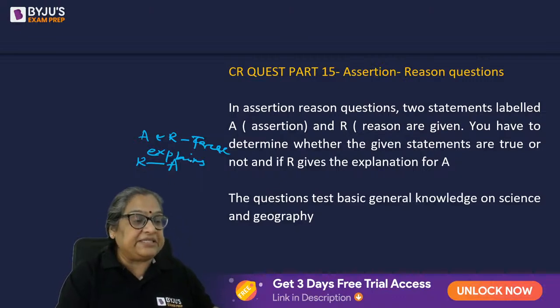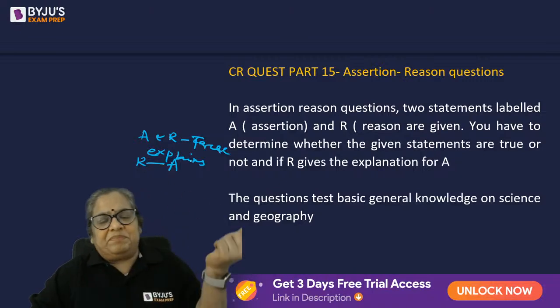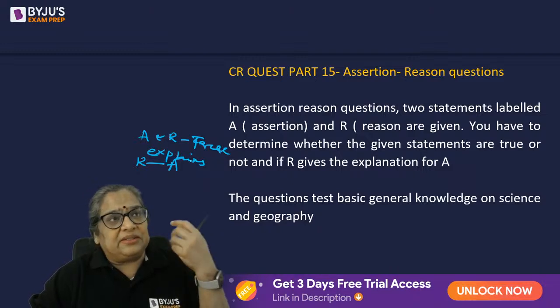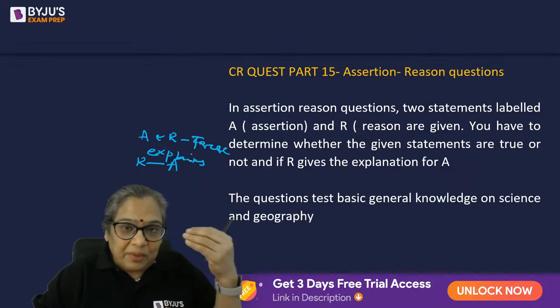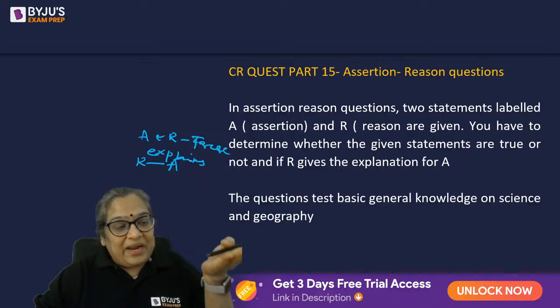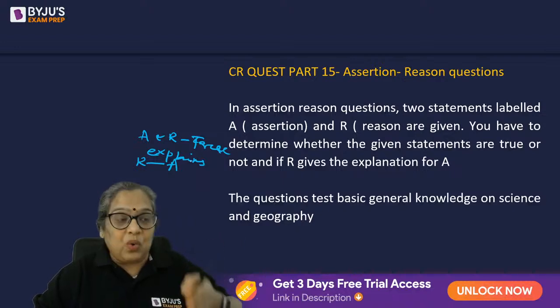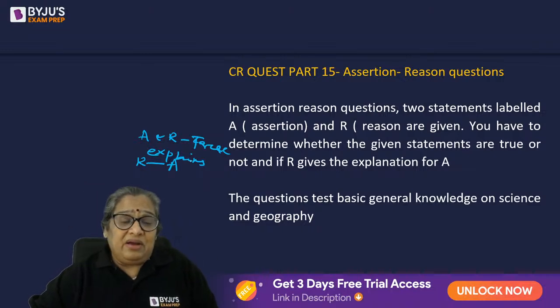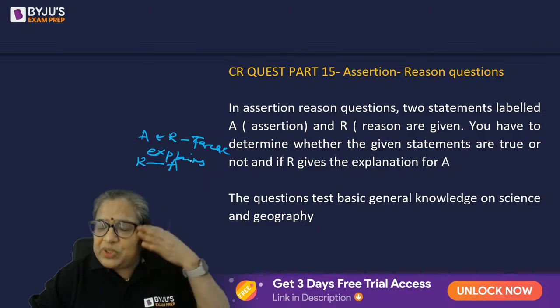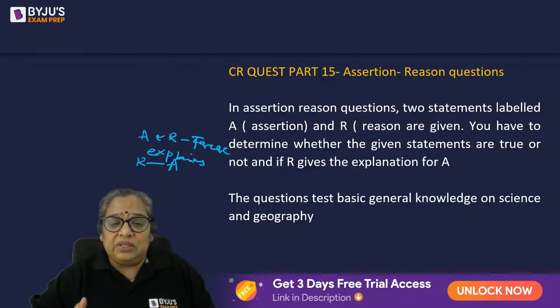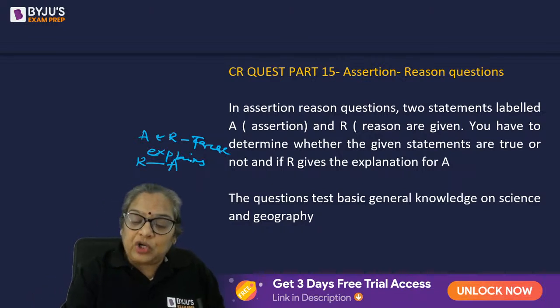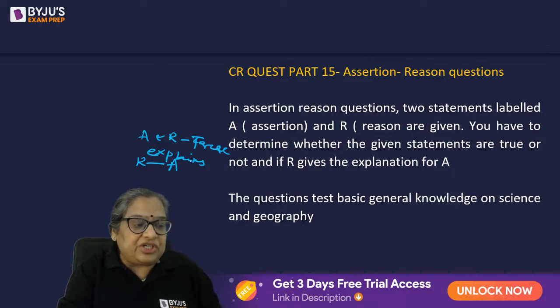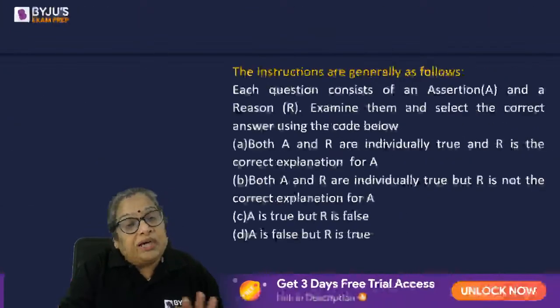Mostly science and geography, like why does a ship rise when it goes from one kind of water to another, why does a red flower look red, sometimes questions on planets, on eclipses. So there can be questions on anything. A little bit of knowledge, not too much. Basic science and geography that you've done in school will be asked.